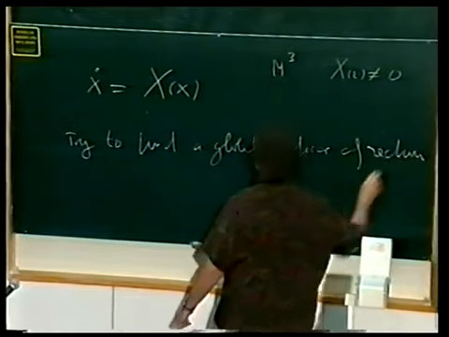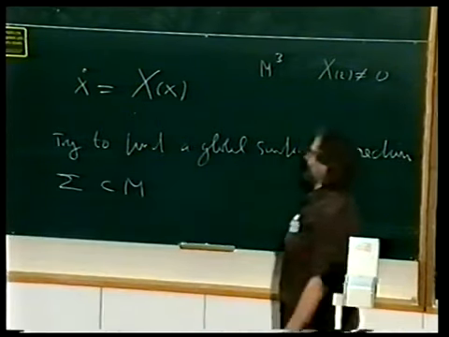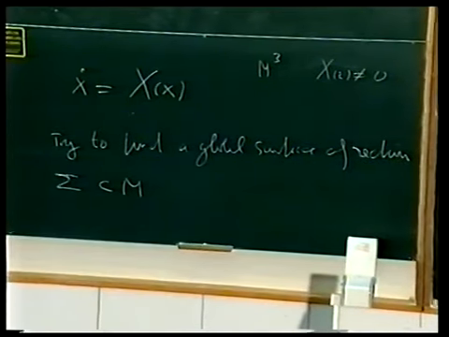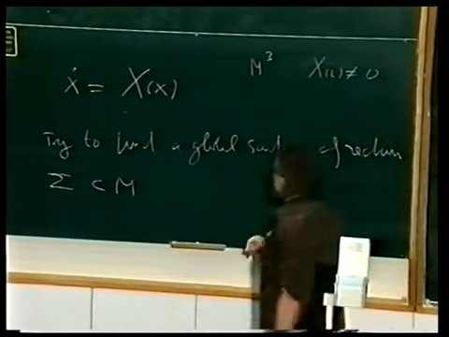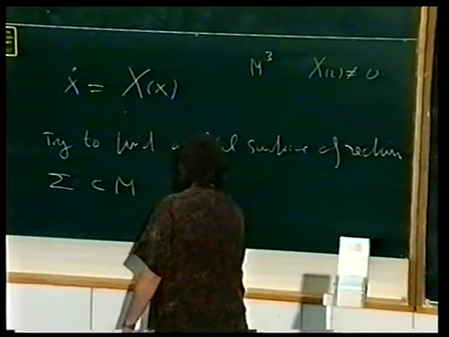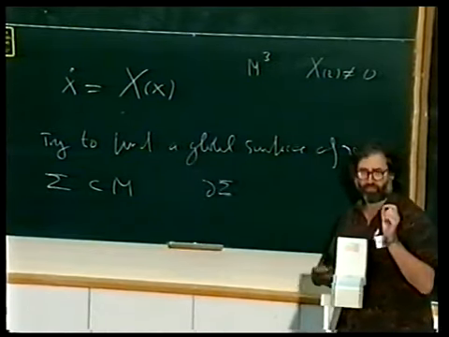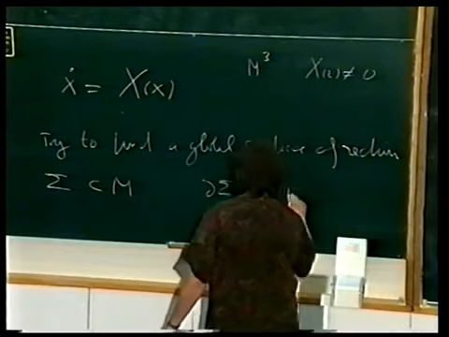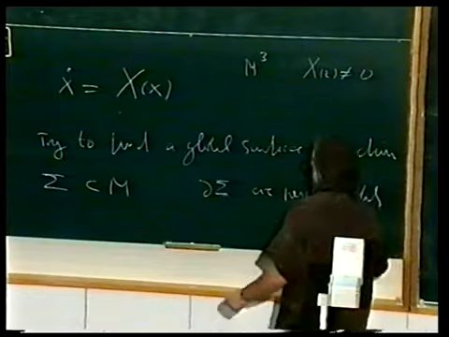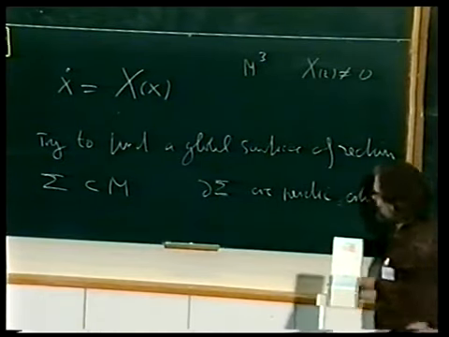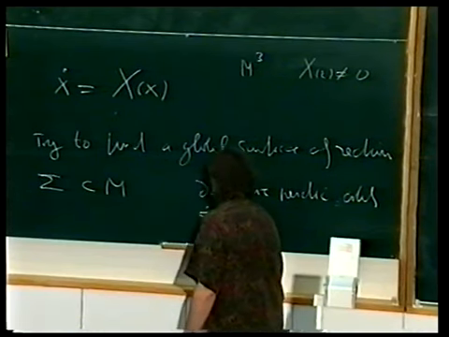So a global surface of section is a compact 2-dimensional submanifold. It might have boundary components, but if there's a boundary, then the boundary components consist of periodic orbits.